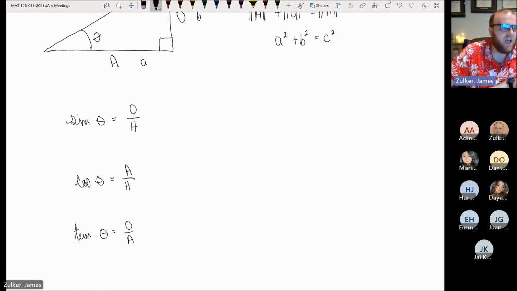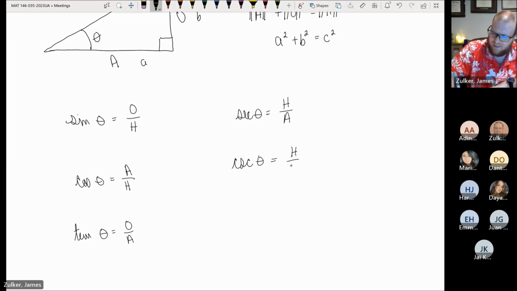Tangent is opposite over adjacent. Secant is hypotenuse over adjacent. Cosecant, hypotenuse over opposite. And cotangent is adjacent over opposite.